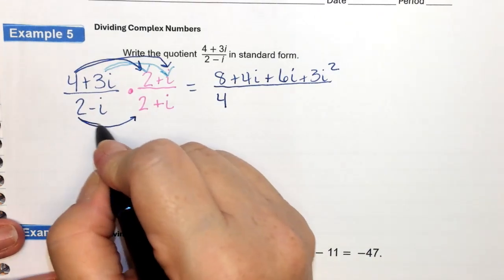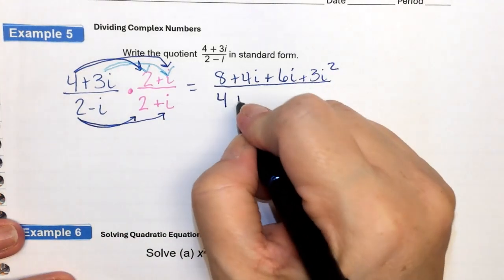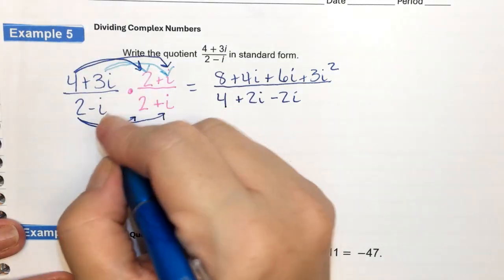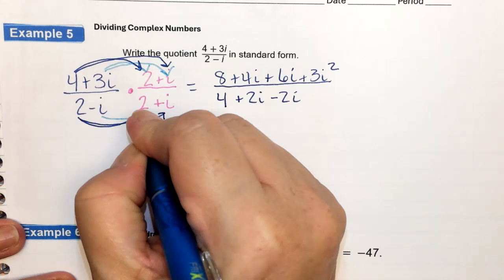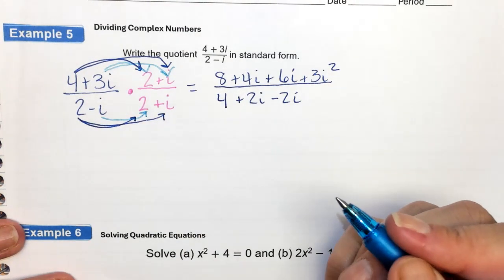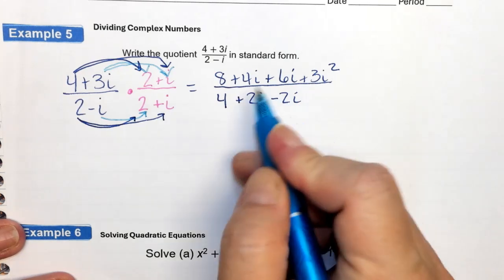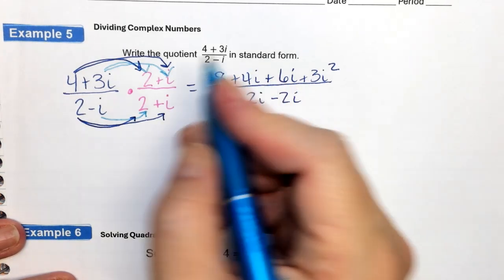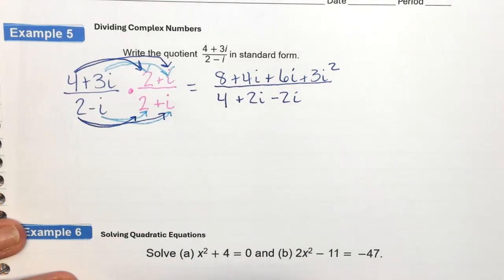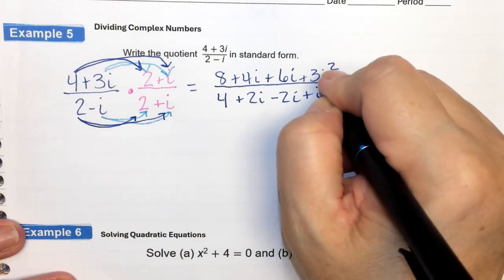Then we're going to do 2 times i, and we're going to get positive 2i, minus 2i, because this one, sorry I skipped ahead, negative i times 2 gives us negative 2i. Because remember, our goal is to get rid of the i's in the denominator. So we want these to cancel out. All right, then we have negative i times positive i, and that is going to give us i squared.